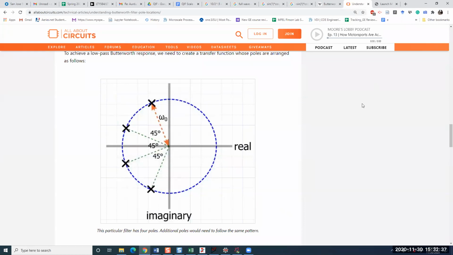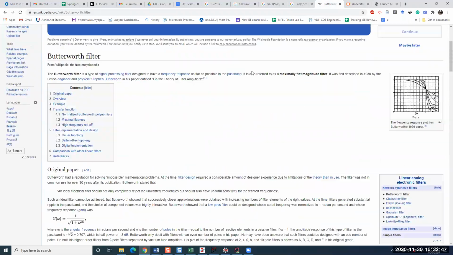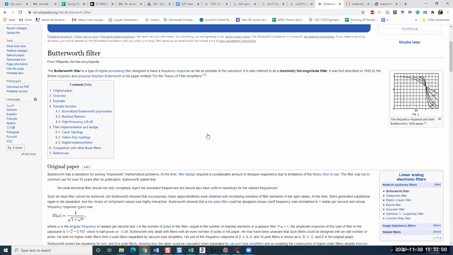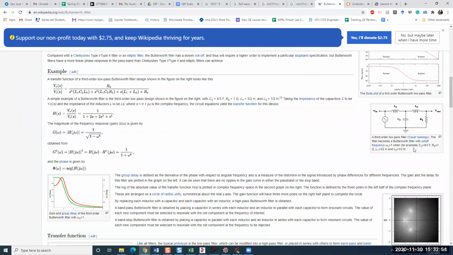So we've talked about the Butterworth filters, and there's an algorithm to these constants. The Wikipedia page is great. They even show you these Butterworth filters with totally passive components.